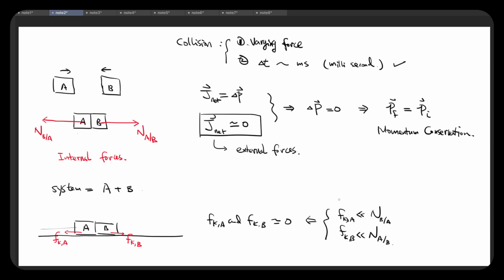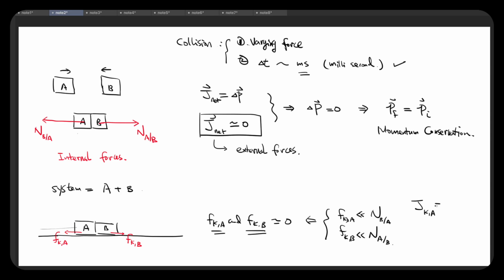Okay, if you think about the collision process, it also happens very quickly. So the impulse, we can further reduce the effect of these two frictions by looking at the impulse they deliver to the system.